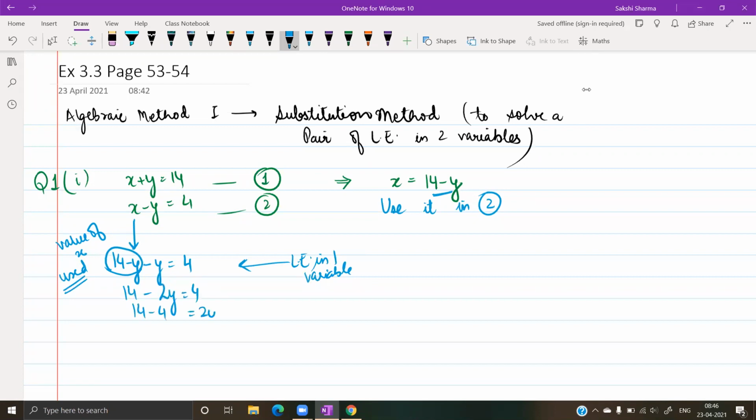Transposing the values, y equals to 5. We have the answer for one of the variables. Use this value in the expression you had obtained earlier. यहाँ पे.